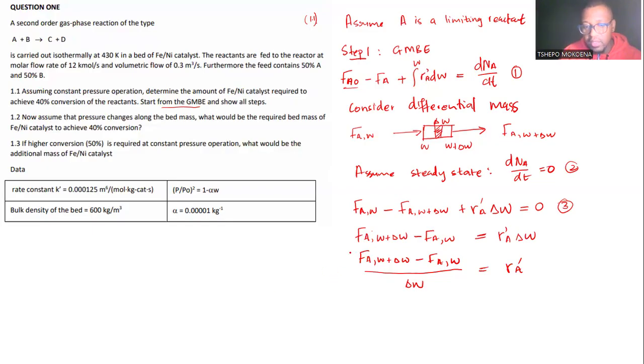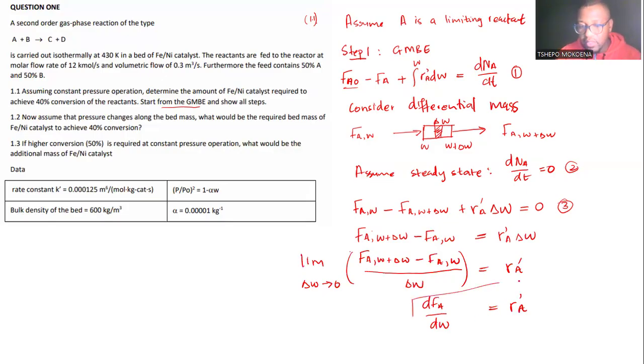And then on this side of the equation, I will start by introducing what? Limit. Meaning limit as change in W tends to approach 0. And then now I'm going to have a differential equation. So at the top, I'm going to have dF sub A divided by dW is equal to my rate on this side of the equation.